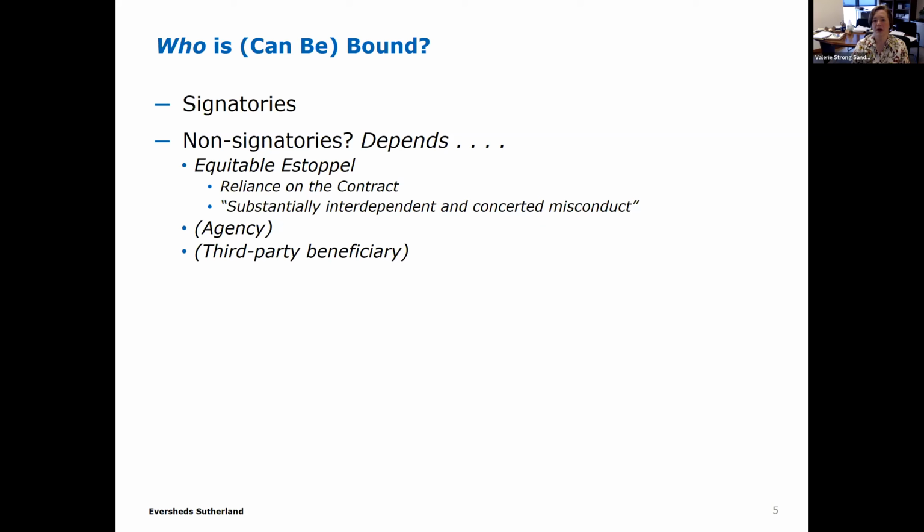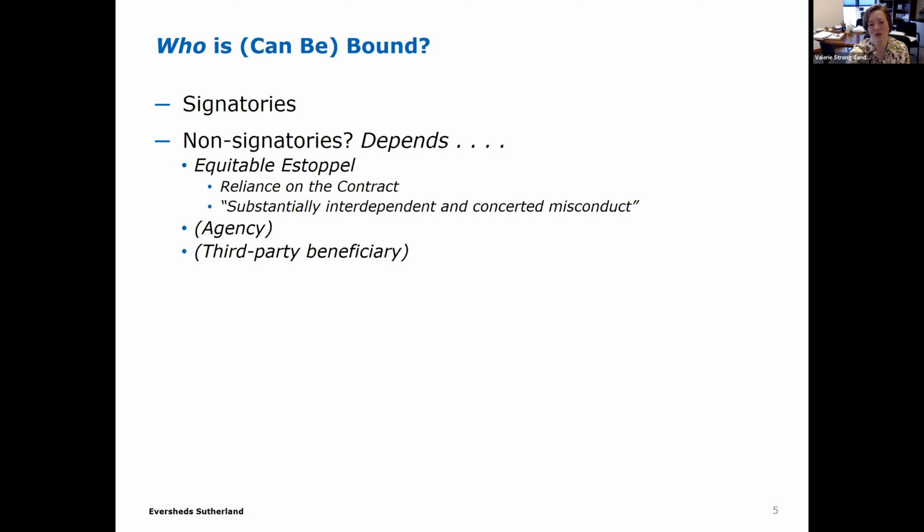This interdependent and concerted misconduct is a situation where the plaintiff has framed their allegations in terms of interdependent or concerted misconduct. My manager and my employer conspired to do XYZ, or the president of the company and the company together defrauded me of my interest in the company, just as some examples.